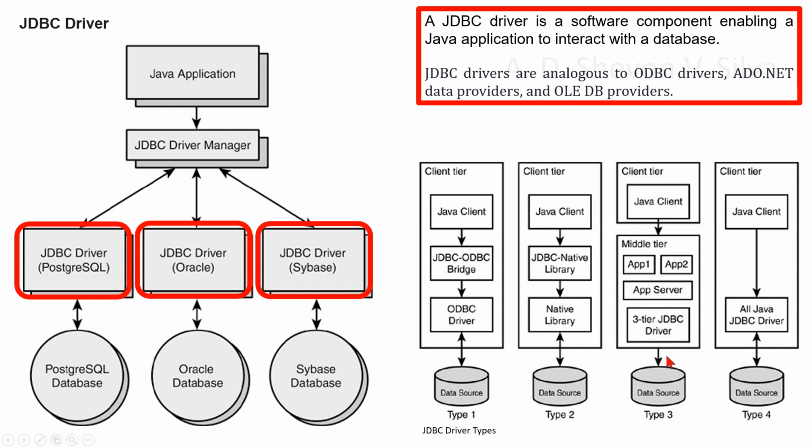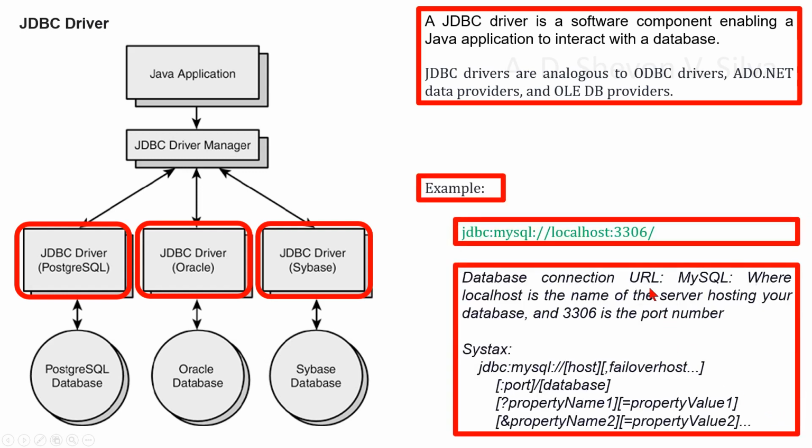The middle tier is connected to the data source. In type 4, the Java client and the all Java JDBC driver are inside the client tier, and the Java client is connected to the all Java JDBC driver, and the all Java JDBC driver interacts with the data source.